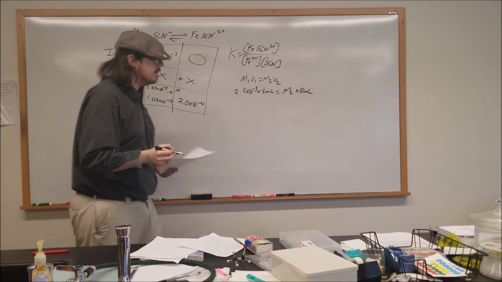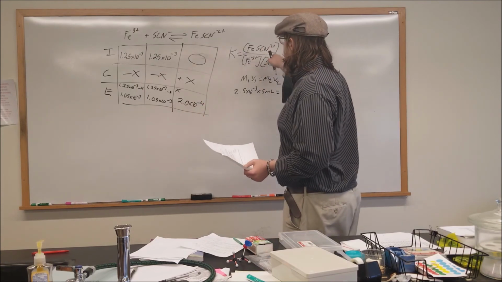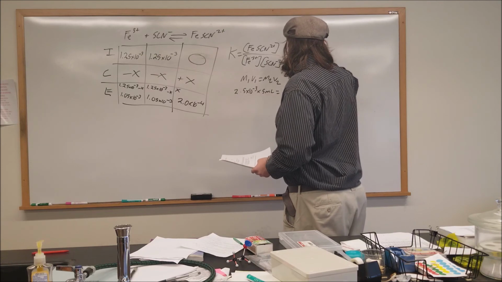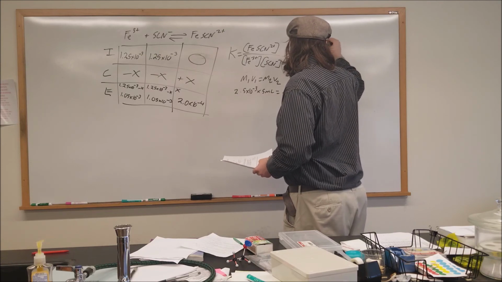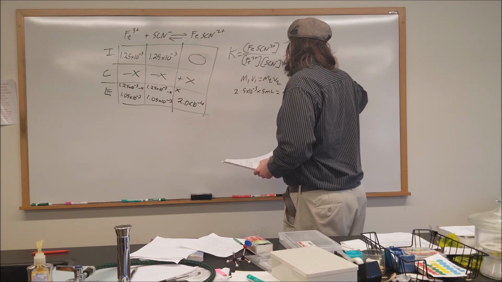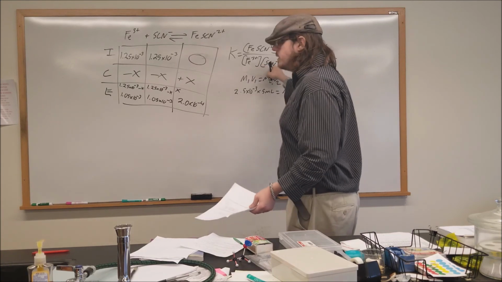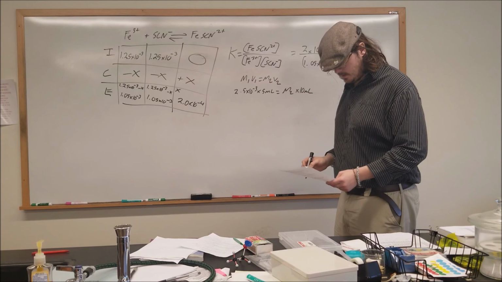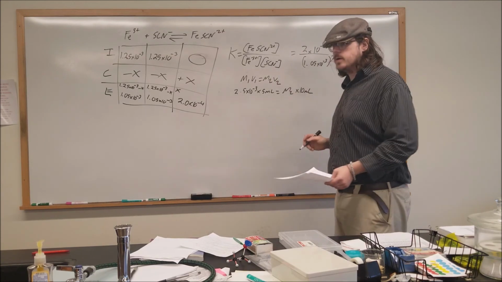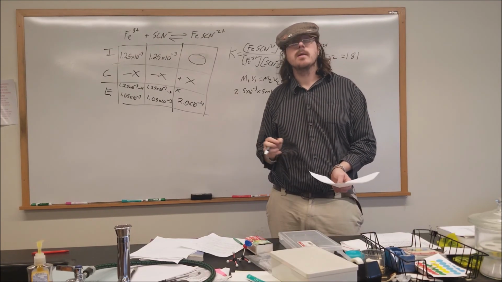With that in mind, we can now plug our 3 values back into our initial K expression and solve for K. So 2 times 10 to the -4th divided by 1.05 times 10 to the -3rd squared. I could do it twice, or I can just square it. It's the same thing. You get 181 as your K. And this concludes my review on equilibrium. Thank you for your time.